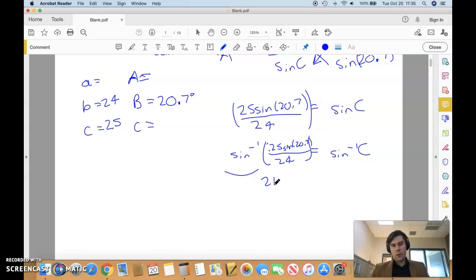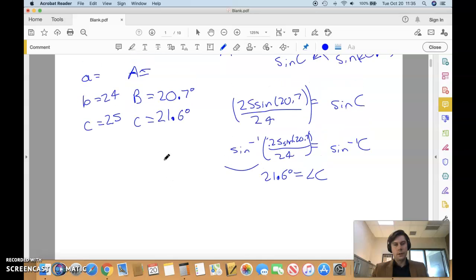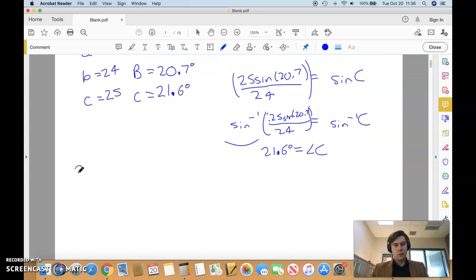You end up with 21.6 degrees for angle C. So we can put that in there: 21.6 degrees.